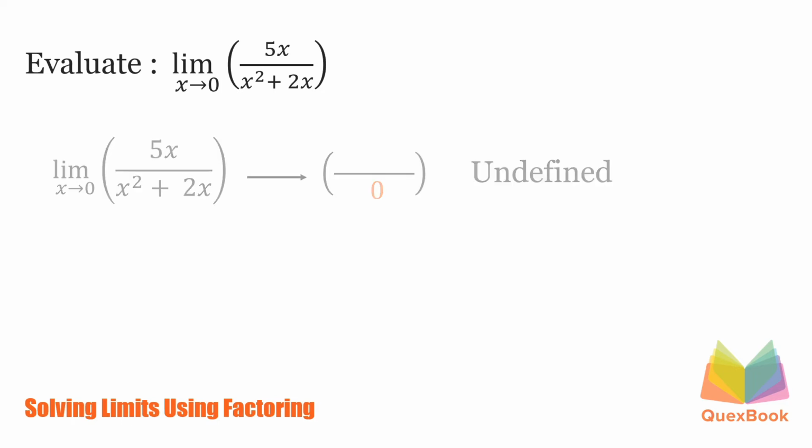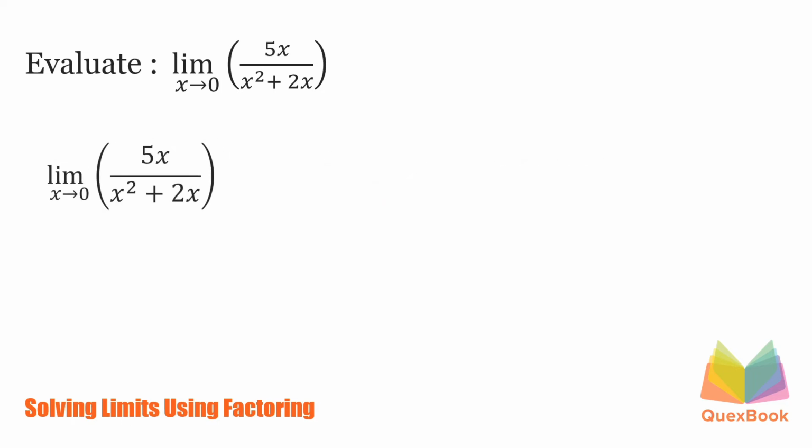We have the limit of 5x over x squared plus 2x. Now, there's nothing to factor in the numerator, but in the denominator, we can take out the common term or the GCF, the greatest common factor, which is x. So if we take out x, we'll be left with x plus 2.